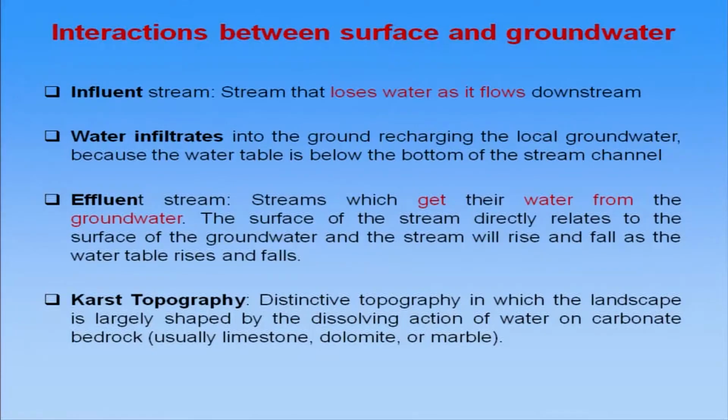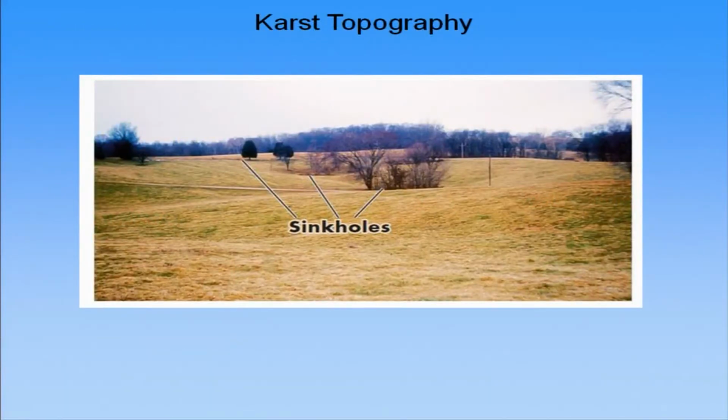These are some examples which talk about the dissolution activities. An example of Karst topography looks something like this. Now the formation of sinkholes: these sinkholes are because of subsurface dissolution activity that has taken place underground and resulted in the collapse of the surface material, forming sinkholes.